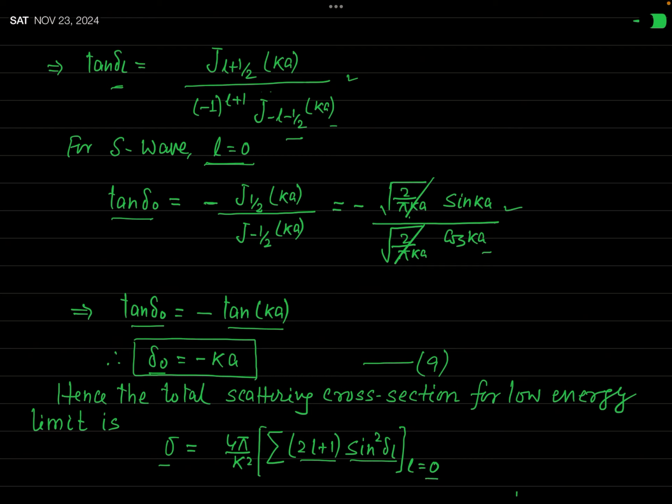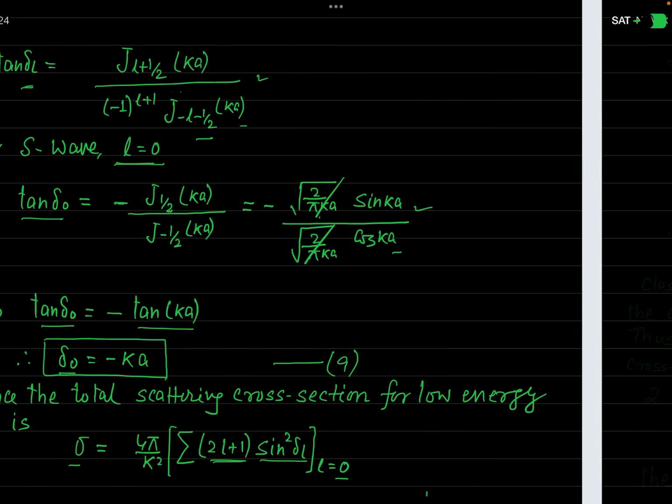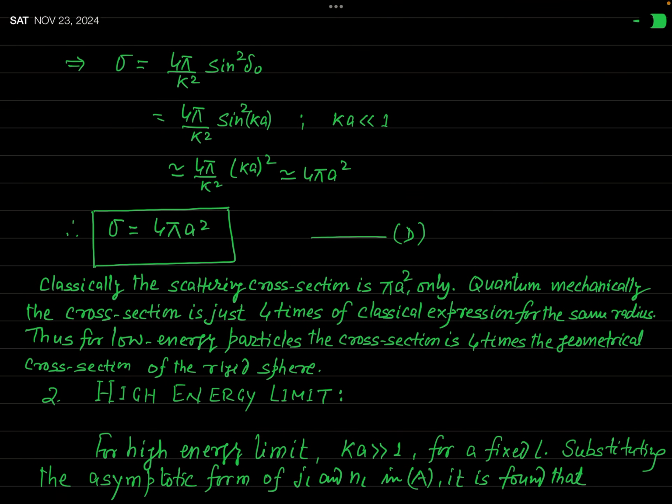But you have to take L equal to 0. So when you take L equal to 0, this 2L plus 1 will be 1, and therefore this is simply equal to 4 pi over K square times sine square delta naught. Instead of delta L, you write delta naught because L is 0.